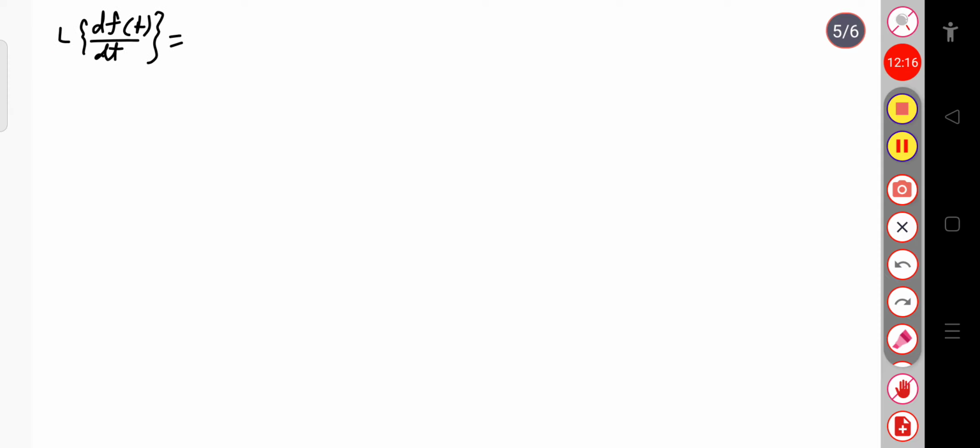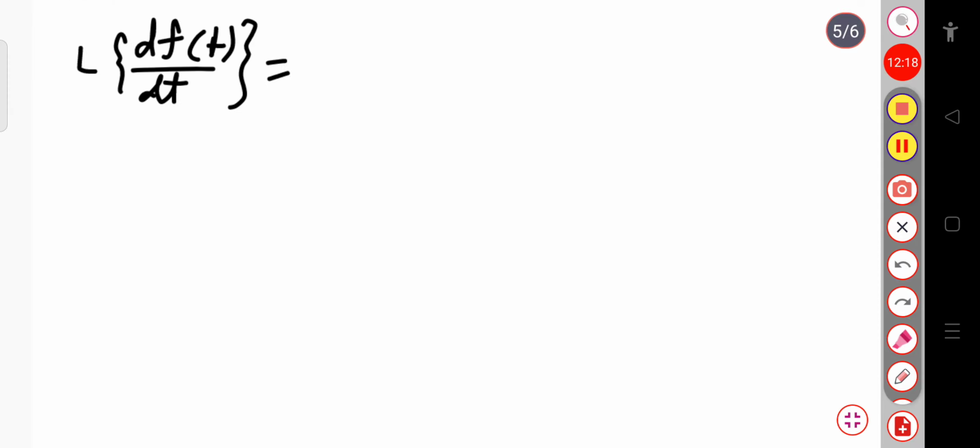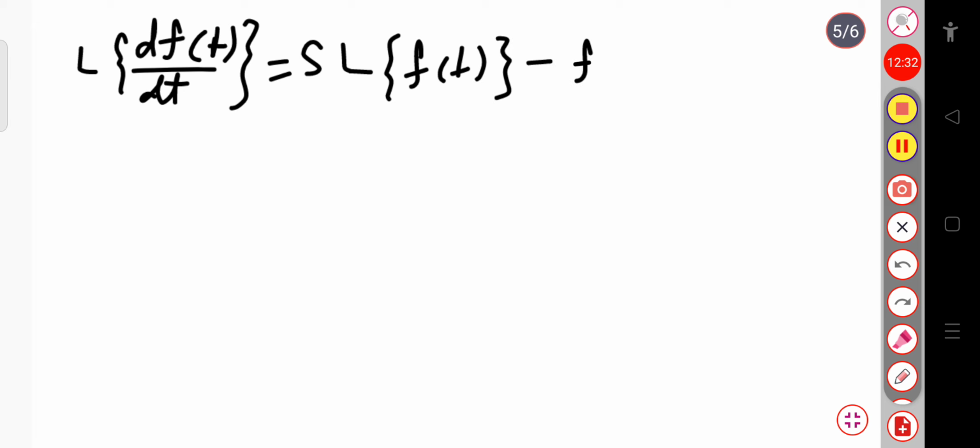So I will write here, that is s L f of t minus f of 0. This is for the first order derivative. This is our equation 1.